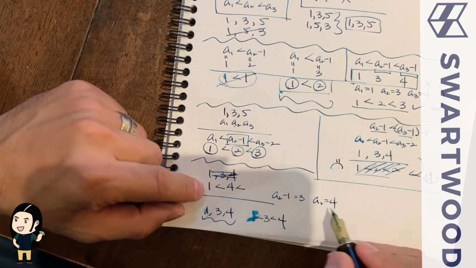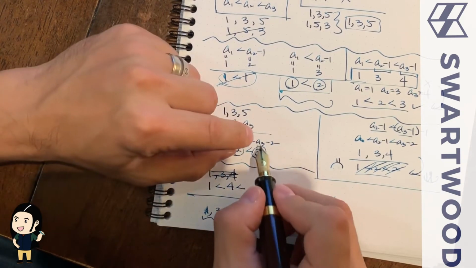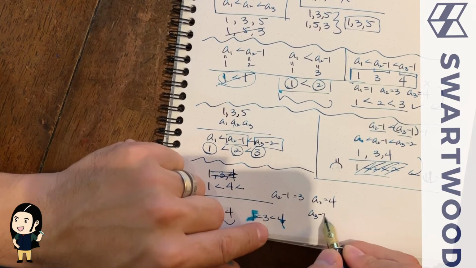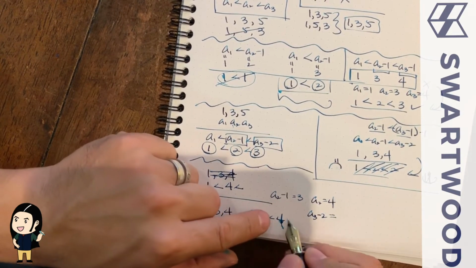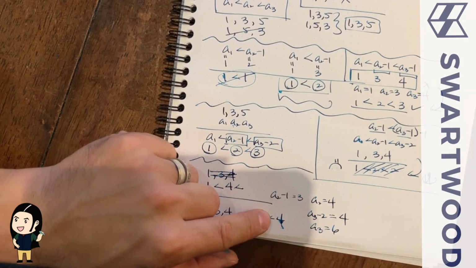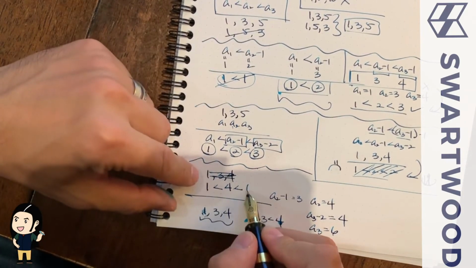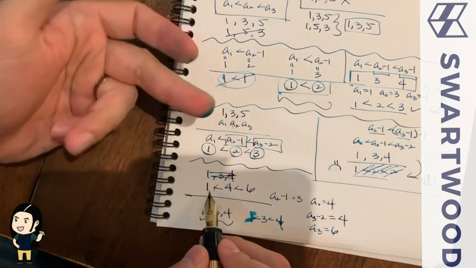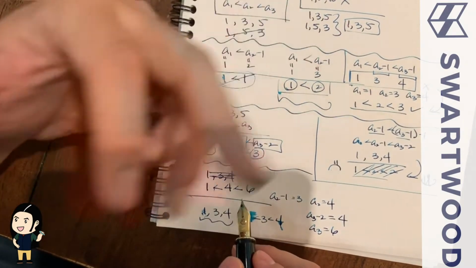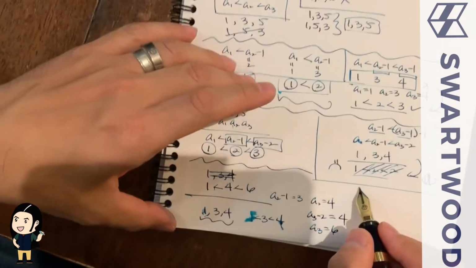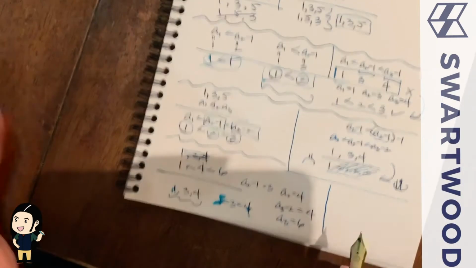And then A3: remember, this guy is A3 minus 2. So if A3 minus 2 is 4, then A3 must be 6. So if we go back, 1, 4, and 6 is obviously a true statement, and it's a set of numbers that will work for us because they're not back to back. If you think about that for a little bit, it'll be clear that it does work out nicely.